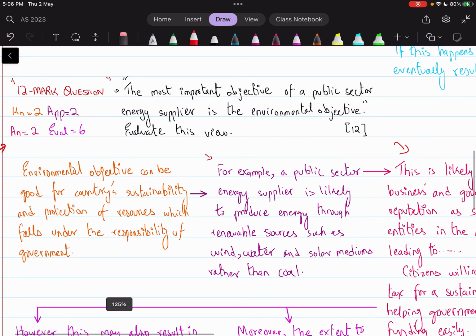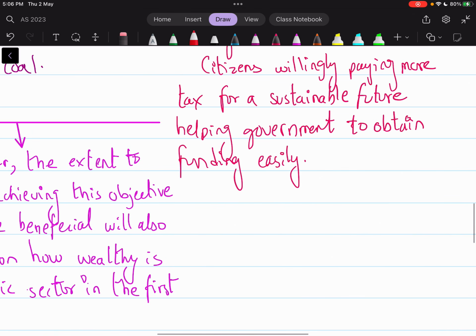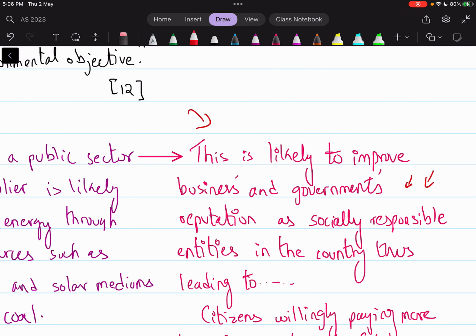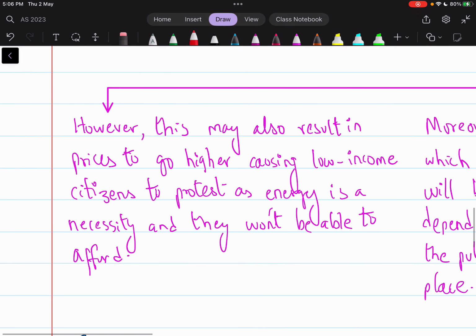So now we are going to evaluate. For example, however, this may also result in prices going higher, causing low income citizens to protest as energy is a necessity and they won't be able to afford it. So what you've mentioned here is that it would improve the government's reputation. But if this happens, the government's reputation may not increase as you predict. This is you evaluating your own benefit.